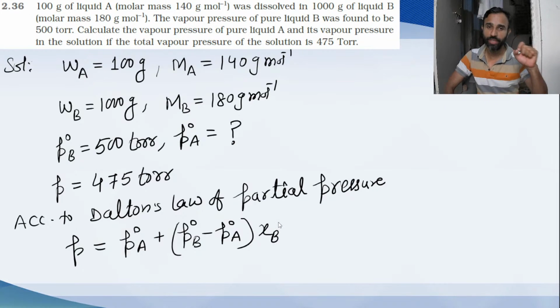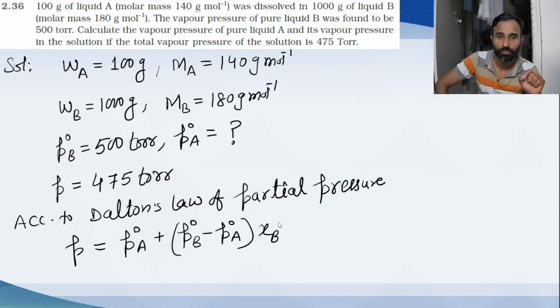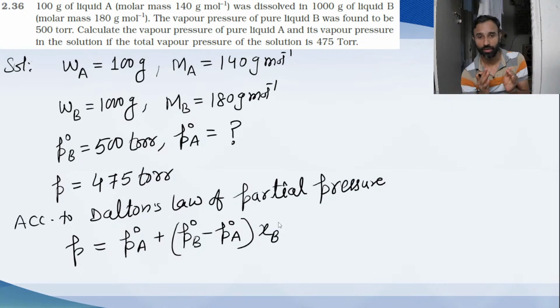Now see, P is given to us, P naught B is given to us, P naught A we have to calculate, but XB we need. At least calculate P naught A.